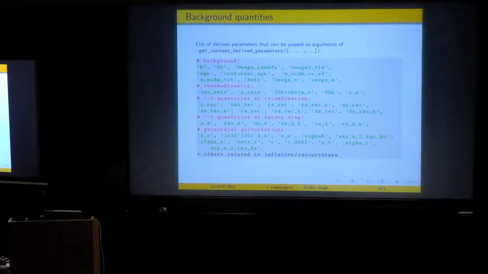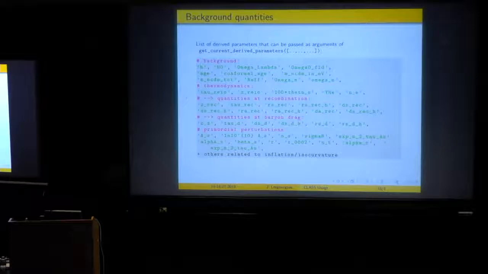This is the 100 theta s that we mentioned before, the angle under which you see the sound horizon. The primordial helium fraction was determined by the BBN module, so you can get the answer. And there are a few other ones like this. This is the number density of electrons. I forgot the details. All this is documented.